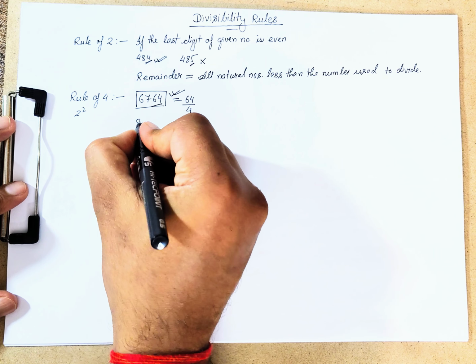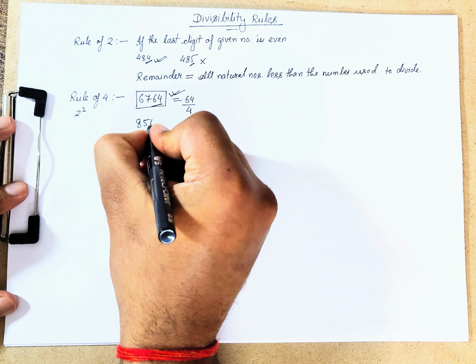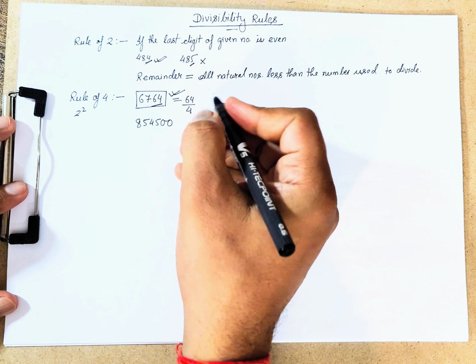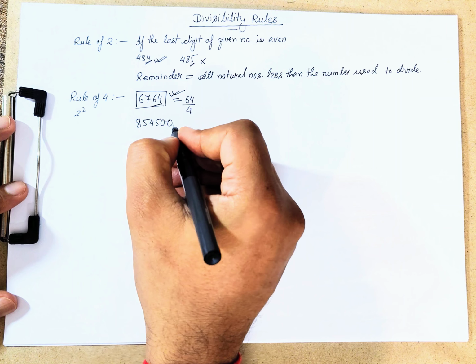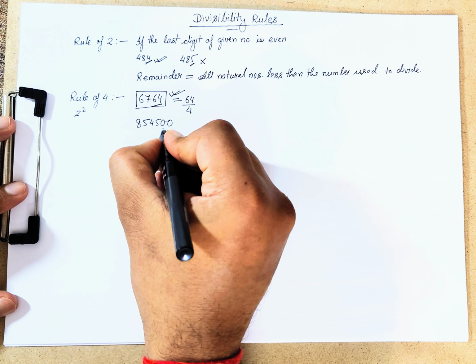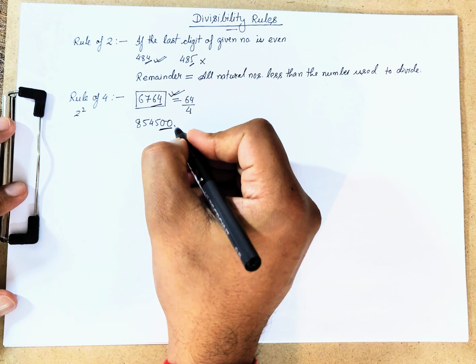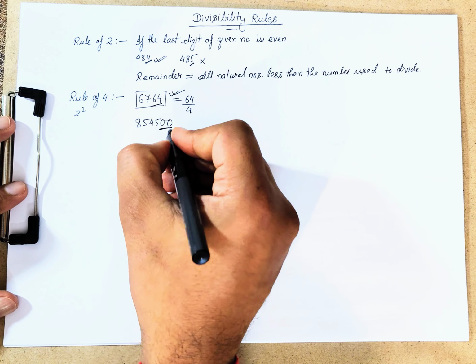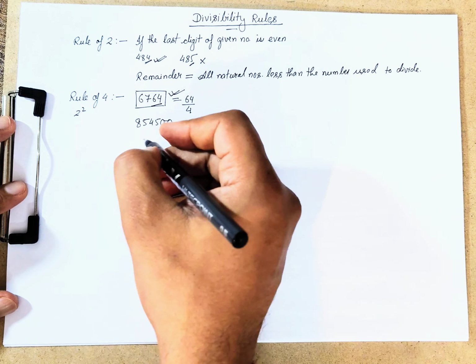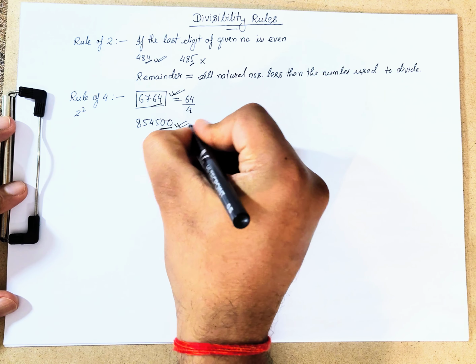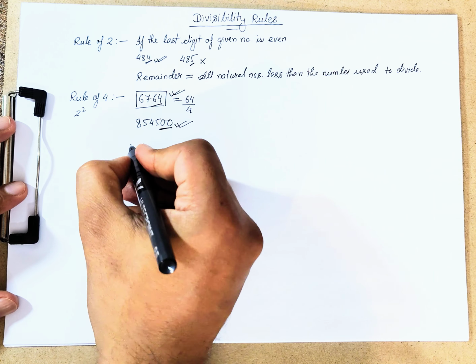Let's take another example, 854500. Is this number completely divisible by 4? Also remember, if the last two digits are 0, in that scenario also the number is completely divisible by 4. So here in this case the last two digits are 0, hence we can say that this number is also completely divisible by 4.